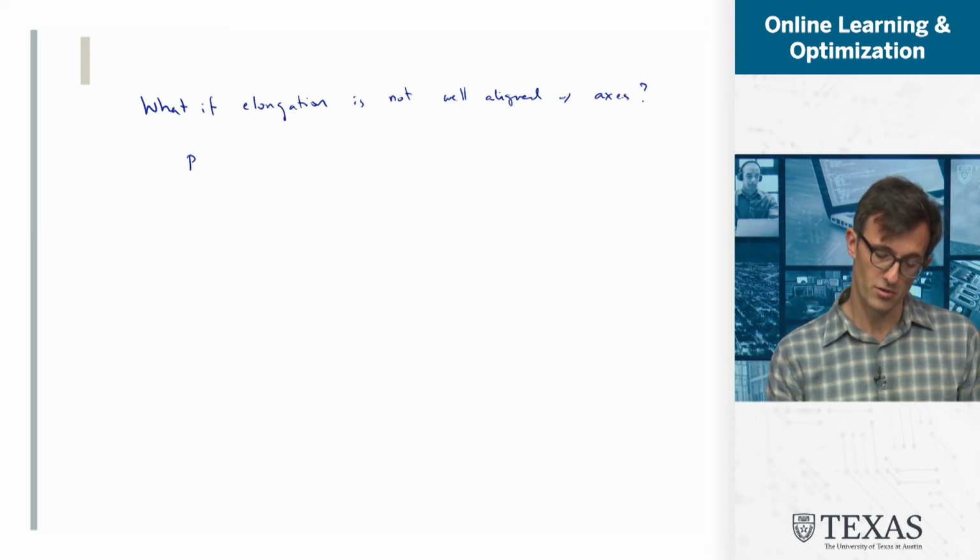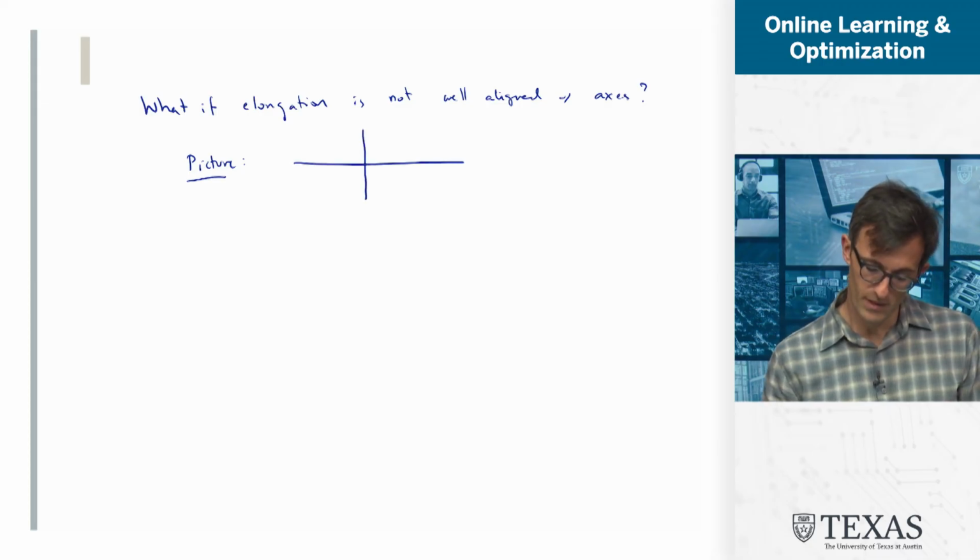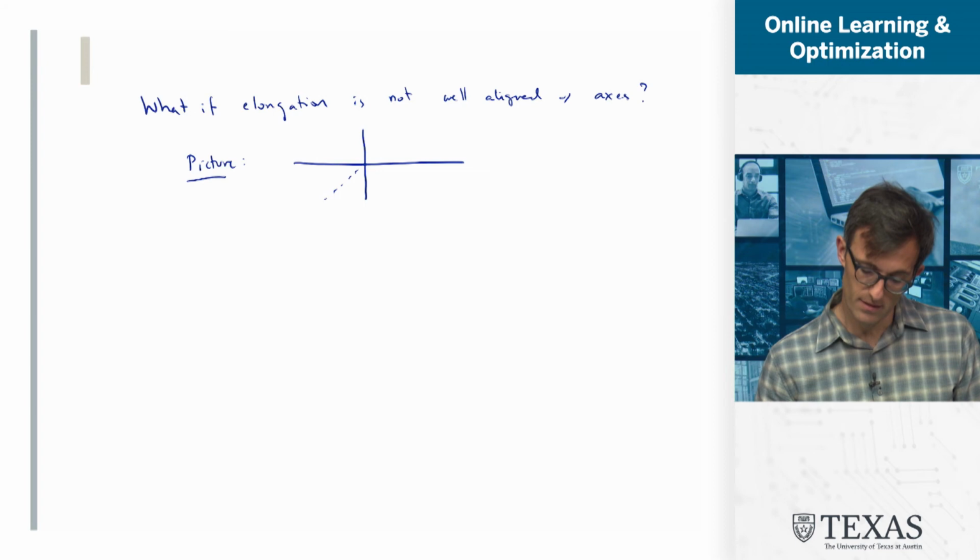Our picture would be something that has elongation along something like this.